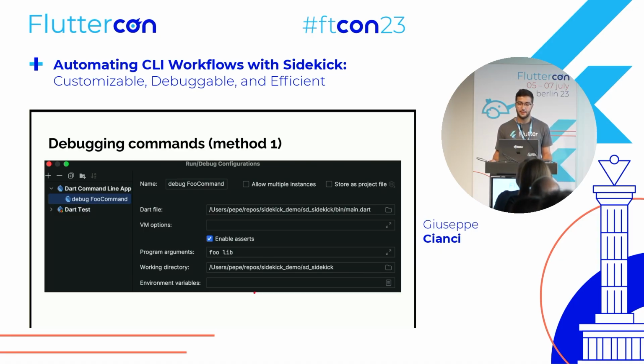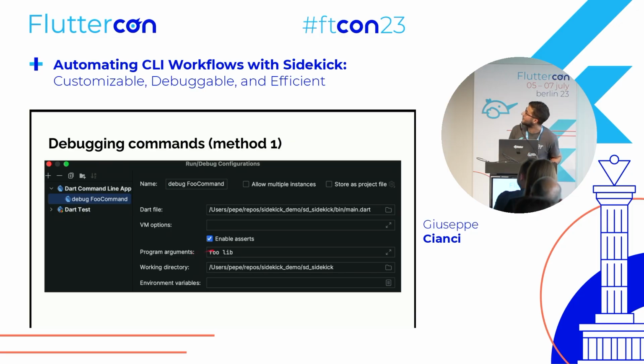You can either add a run configuration, and this is for IntelliJ. You can also do it in VS Code with the launch.json. And there's two things you want to set here. For the Dart file you want to execute, you just set it to the bin/main.dart file in your CLI package. And here at program arguments, you pass it the parameters.